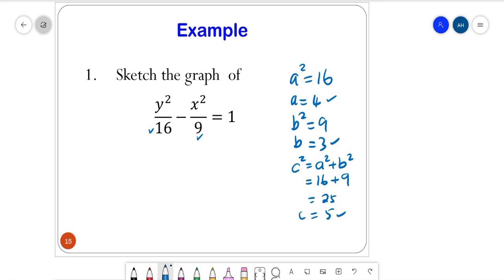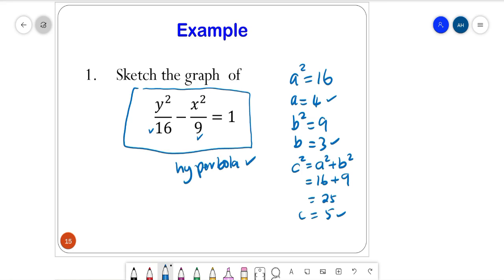Now, what else do we know from this equation? Okay, we know this is a hyperbola. Of course we know this. What else do we know? The center, right? Yeah, the center is at 0, 0.